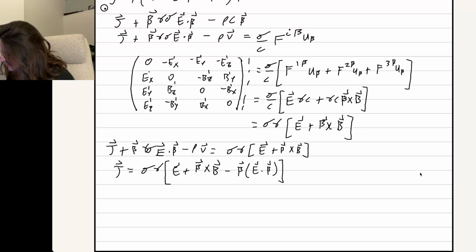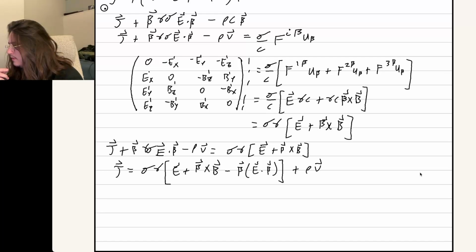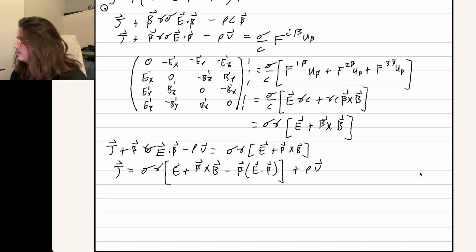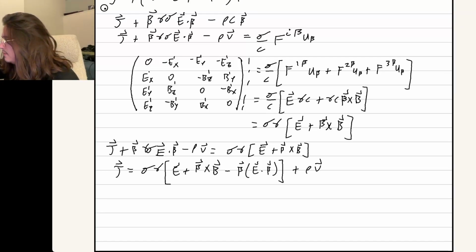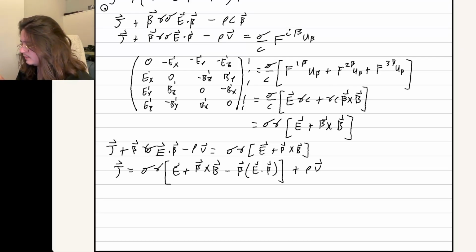And then also adding on rho V. And I think that's even what Jackson got for this part. Okay, that's what Jackson got, so we're good.